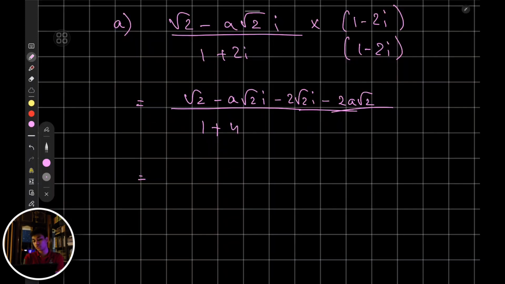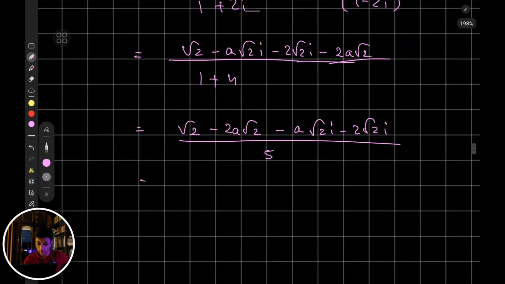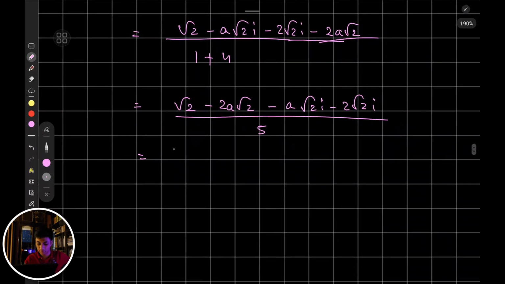So now you pair up the real parts and pair up the imaginary parts. If you do that, you get √2 minus 2a√2 minus a√2i minus 2√2i, divided by 5. So you separate these parts.